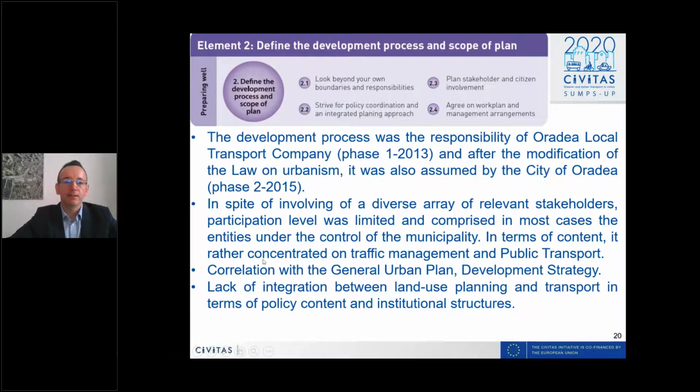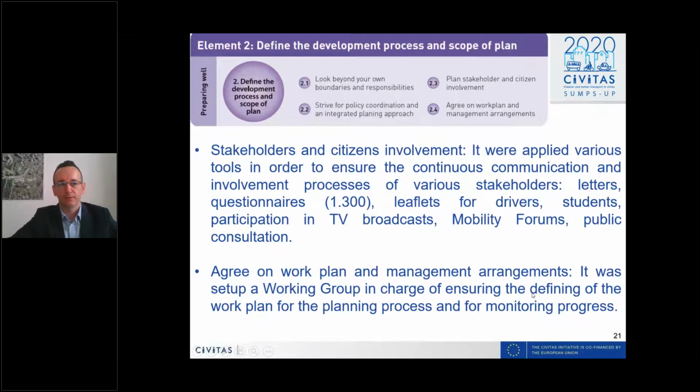But we also try to force the correlation with the general urban plan and the development strategy. Of course, we experience this continuous lack of integration between the land use planning policy and transport, both in terms of content and institutional structure.